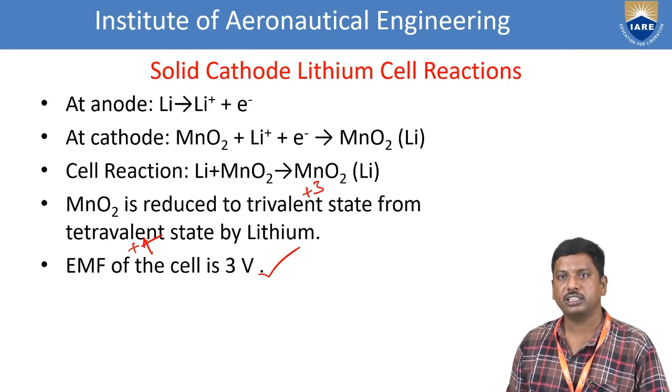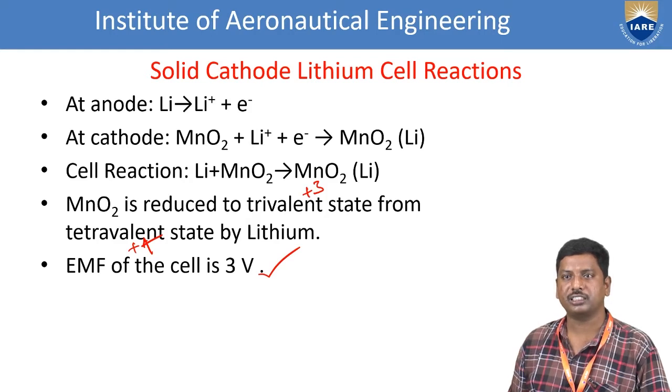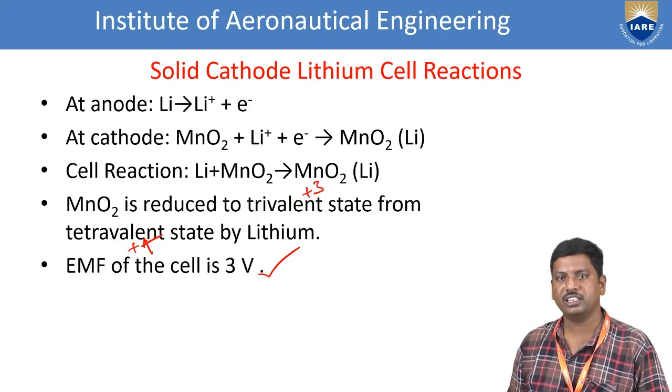These are the solid cathode lithium cell reactions. What happens? The lithium undergoes oxidation at the anode, and at the cathode the electron released by lithium is taken up by manganese dioxide, giving manganese dioxide lithium.